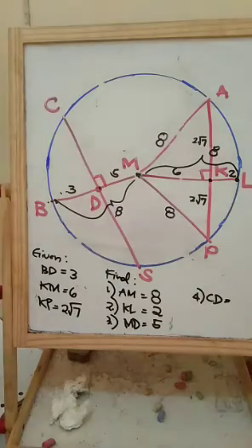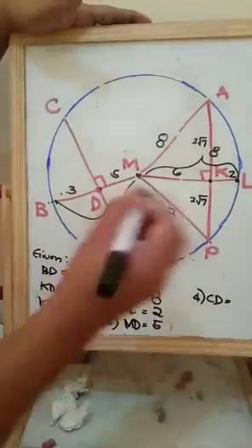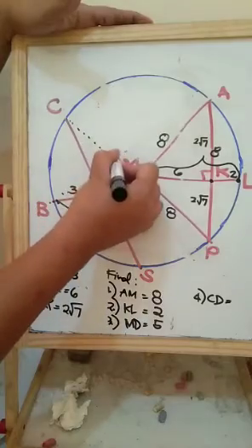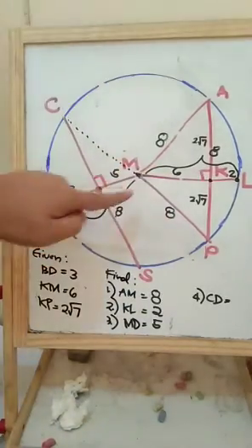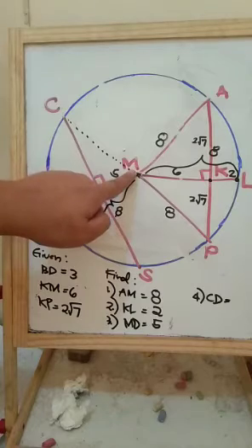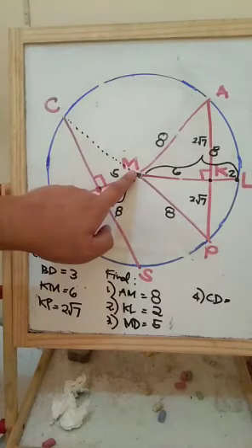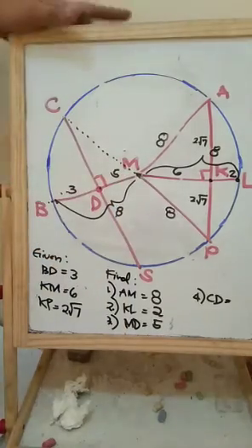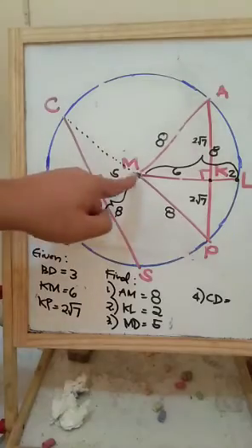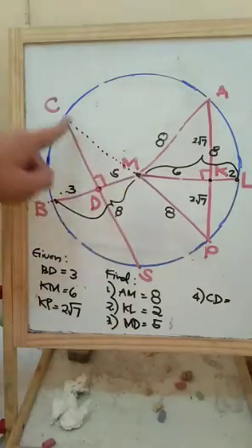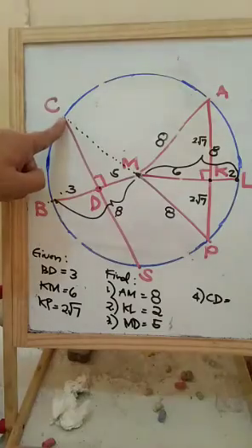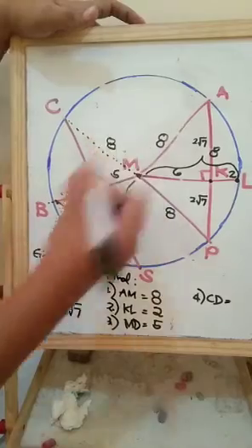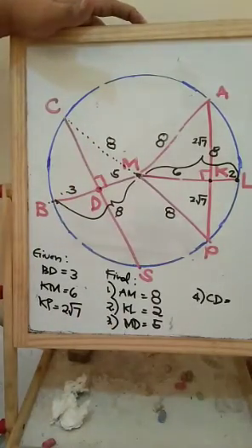Now, to obtain this, ang gagawin natin, we will draw an imaginary segment here from C going to your center, which is M. Now, we all know that when we draw a segment from your center to one point of your circle, this is considered as a radius also. So, we can say that this would also measure 8. So, 8 na rin ito.